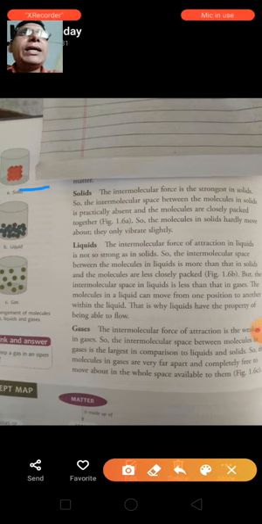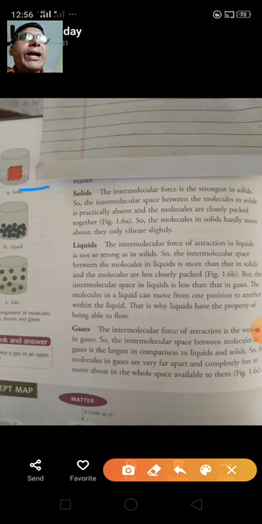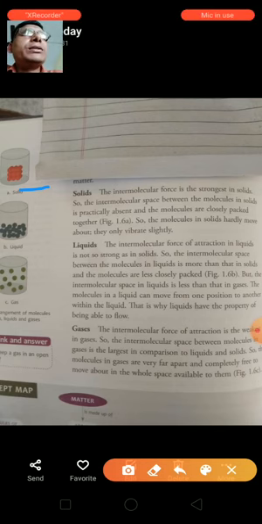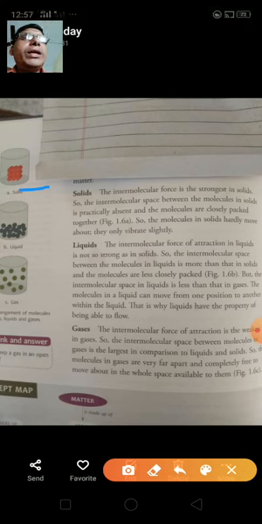They have very high intermolecular force of attraction, so the gap between the molecules is almost negligible. Because of these tightly packed molecules, the matter is solid. Molecules cannot move from one place to another because there is no empty space. They just vibrate on their mean position.